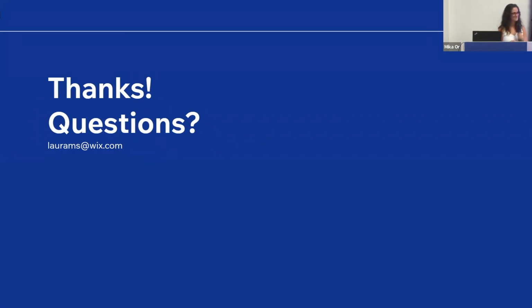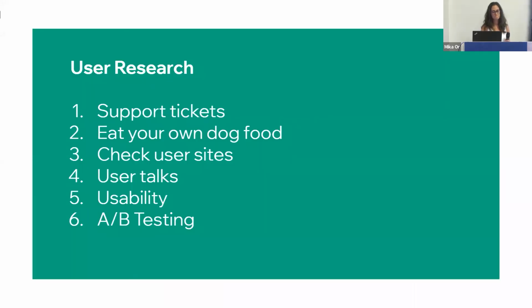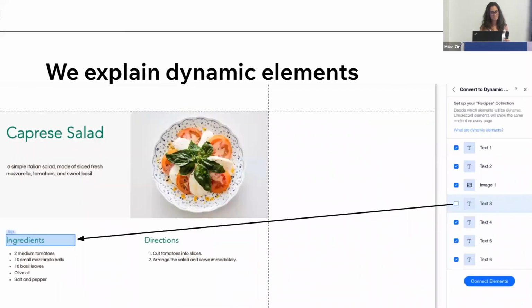Can you go to the page that showed the different text you select, like what can and can't be dynamic? So when you click on one of these, does it highlight the section of the text? Yeah. I was wondering if you ever thought to play around with naming them what's written, like caprese salad or ingredients.